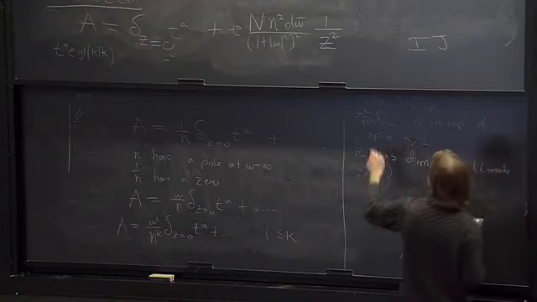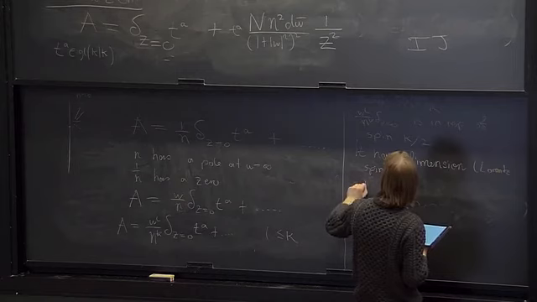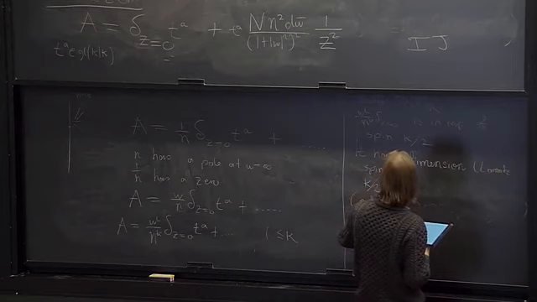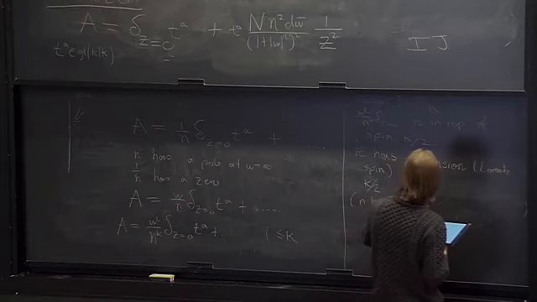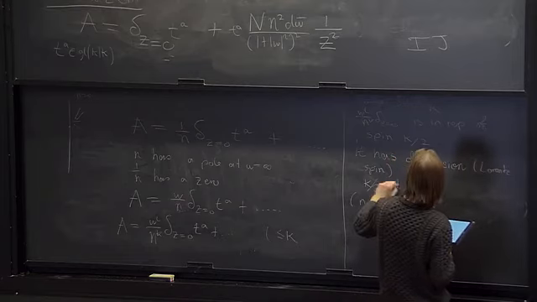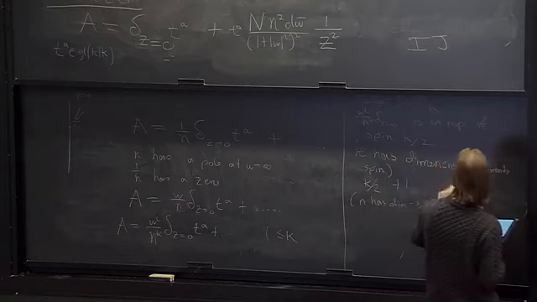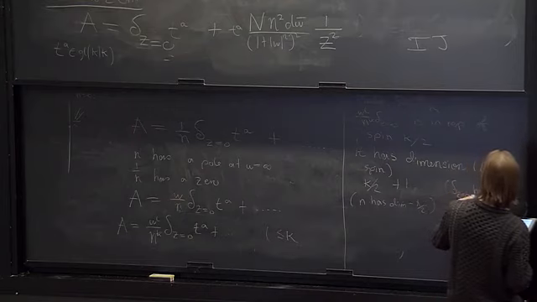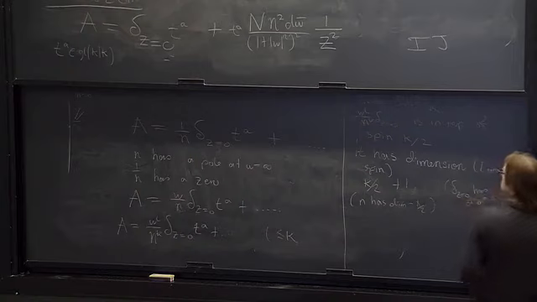Yeah, that's right. k over 2 because n has dimension minus a half, plus 1, because the delta function has dimension 1. And of course, under the GL(K), it's in the adjoint.